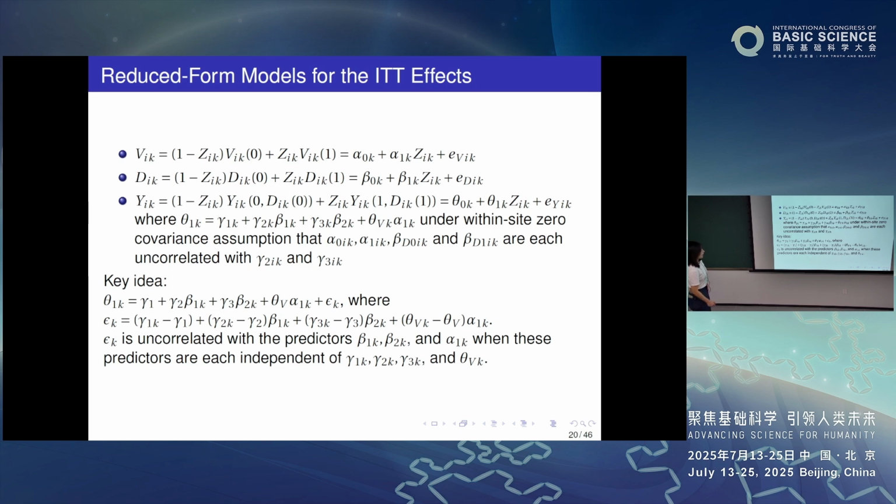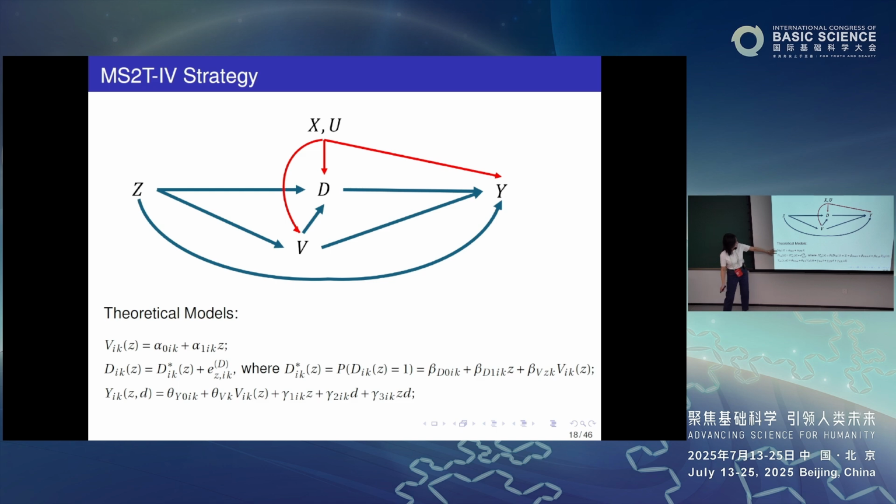Okay, if you think about the problem, previously we have models which are theoretical models underlying the data structure and generate the data, and they are models for potential outcomes. But you can imagine, for example, this V_Z. Everyone has two V_Z. One is V1, one is V0, right?